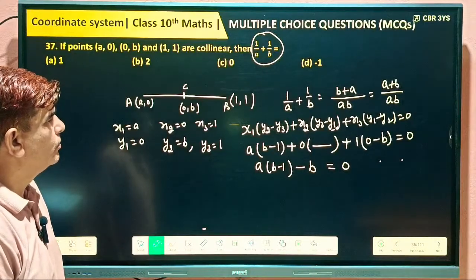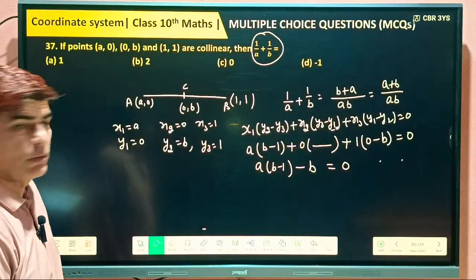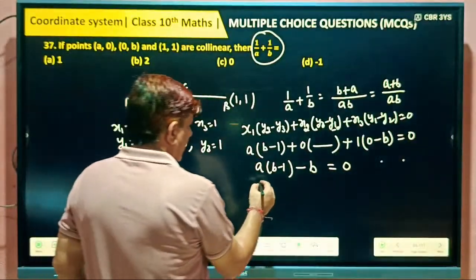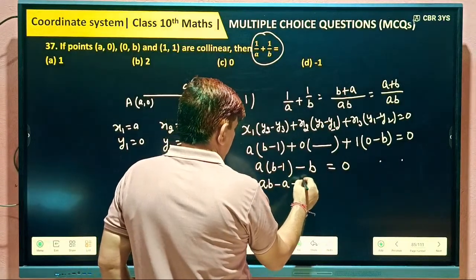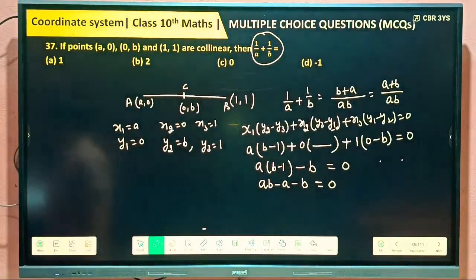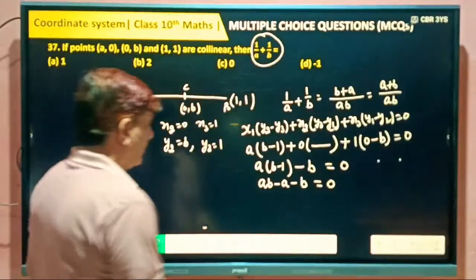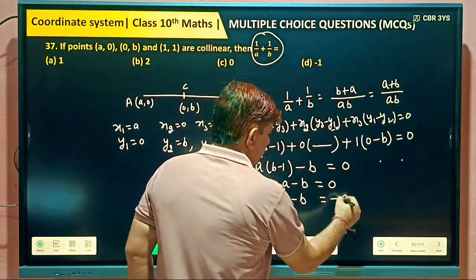Then what can we do? We will divide this complete by AB. So it becomes AB minus A minus B equal to 0. So we can take minus A minus B equal to minus AB.